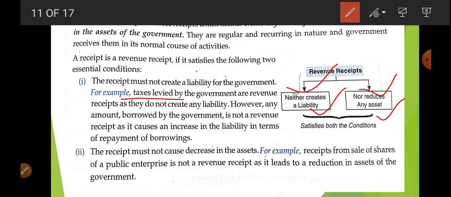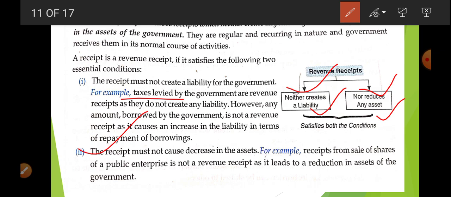It is the income of the government, and they don't have to pay anything in return. Another example: if you are riding a bike without a driving license and without wearing a helmet, there will be a challan and you have to pay a penalty. This penalty money becomes a source of income, and it is considered non-tax revenue.